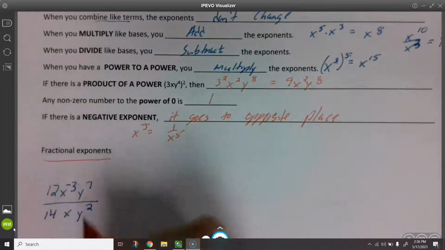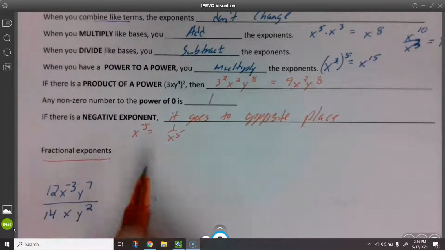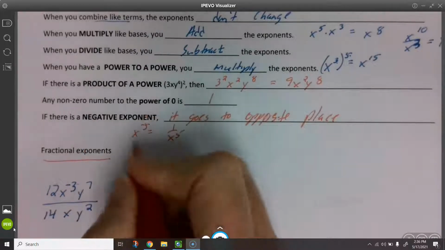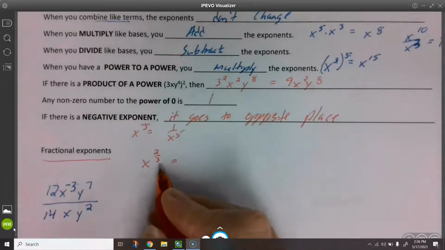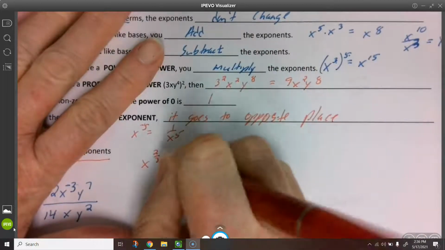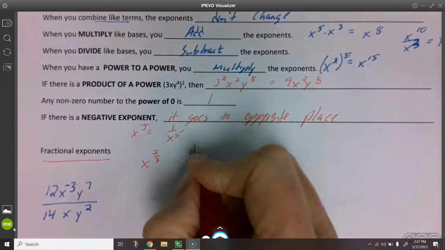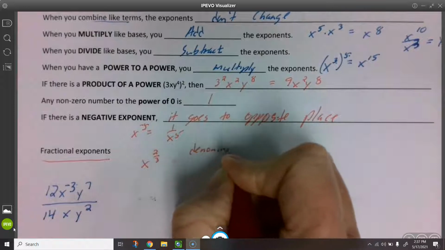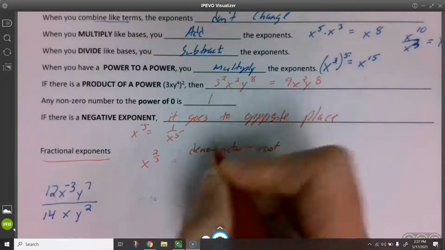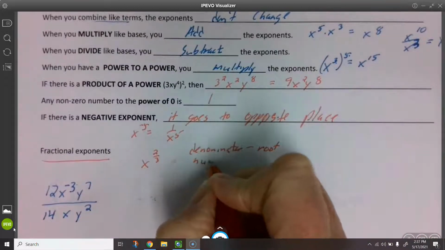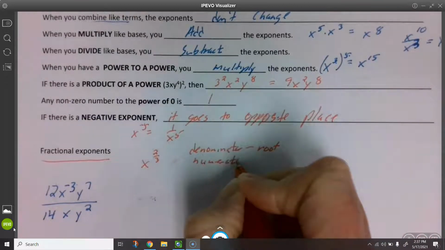Fractional exponents. From what I understand, you might have seen some on the EOC about fractional exponents. So if I have a fractional exponent, x to the 2/3, the bottom number, the denominator, is the root, the index of the root, and the numerator is the exponent.